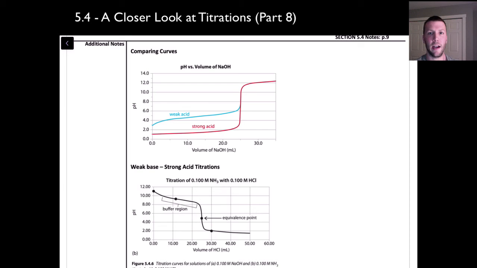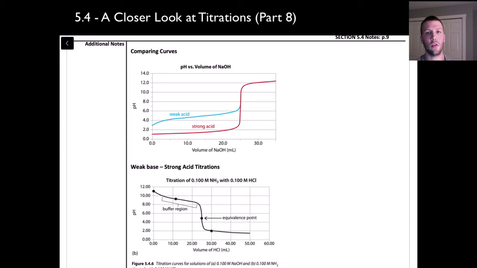As we add our titrant, we see a slow rise in the pH. The pH should go up slightly at a greater rate for the weak acid than for the strong acid. When we near the equivalence point, we see that drastic rise in the pH.